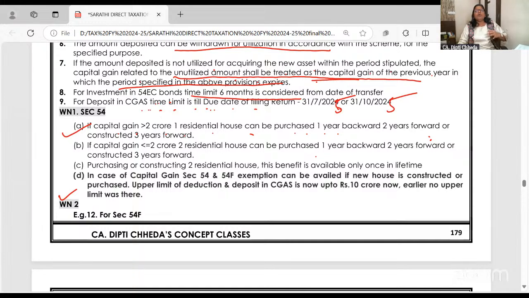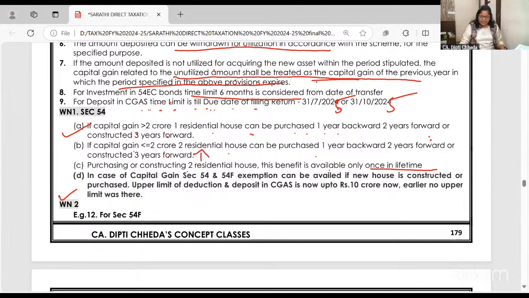Suppose we have sold a big house and now my two sons are separating, so I'm buying two small flats. Can I claim exemption for both? Yes, if the capital gain is up to 2 crore. If it is more than 2 crore, then one residential house. Less than 2 crore, then two you can buy. Purchase or constructing two residential houses, the benefit is available once in a lifetime.